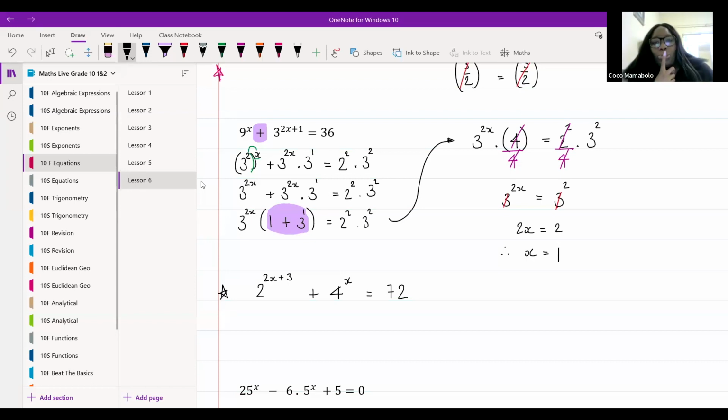Is equal to 36. Let's leave it right there. Try that one out and tell me what you get as an answer, guys. I'll give you 3 minutes. Remember again, we need like bases everywhere and we must split and factorize. Okay, tell me how we do.